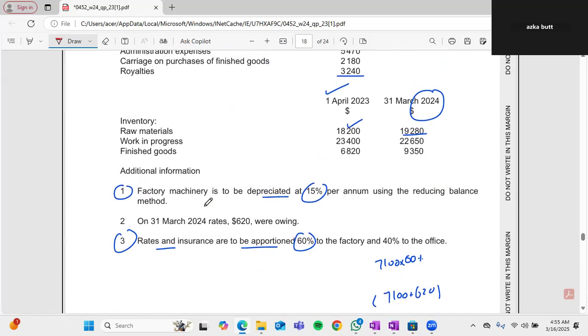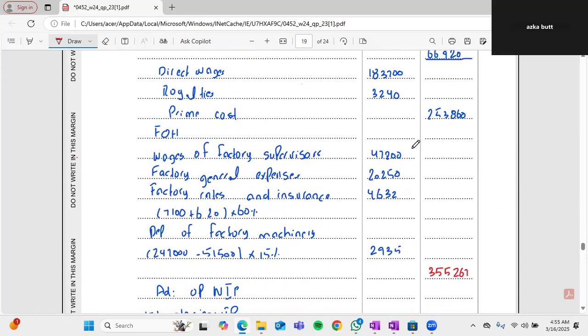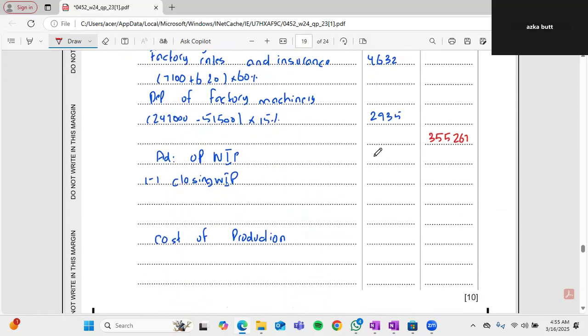Now add opening work in process to this. So what is the opening work in process? Opening work in process is 23,400 and closing is 22,650. And deduct the closing work in process, which is 22,650.